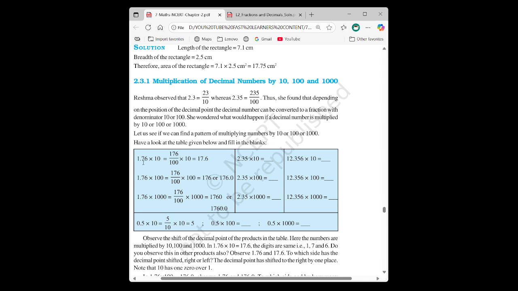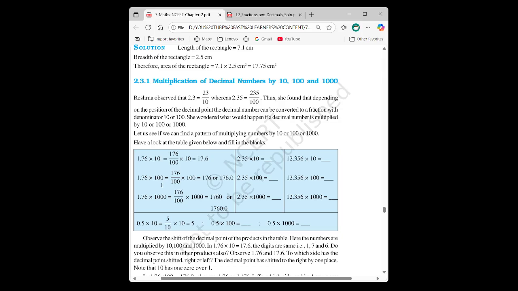Here remember one thing, that if you have to multiply decimal numbers by 10, you just shift the decimal point one digit. So if it is 1.76 and you have to multiply it by 10, you shift the decimal point after 7 on the right hand side.